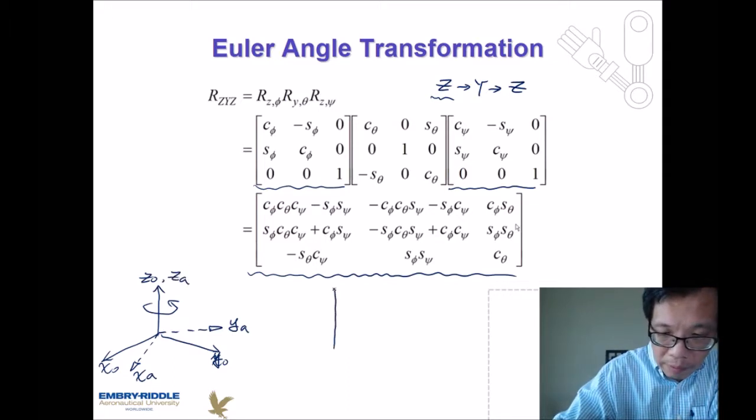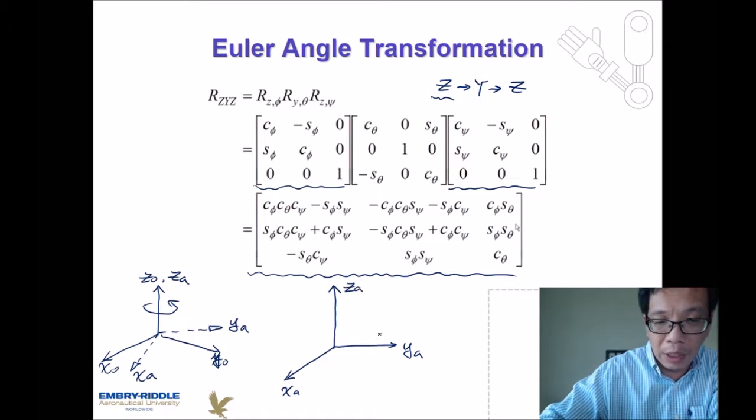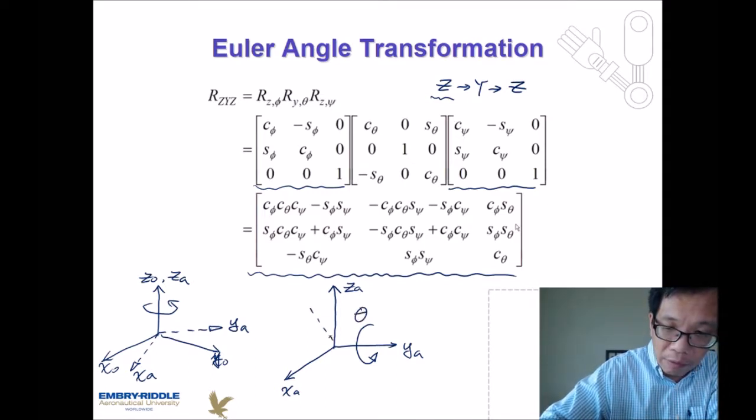And this time, we are rotating from xa, ya, and za about the y-axis, with this one being theta. Let's say this is zb and this is yb. And after the rotation, this one becomes xb.